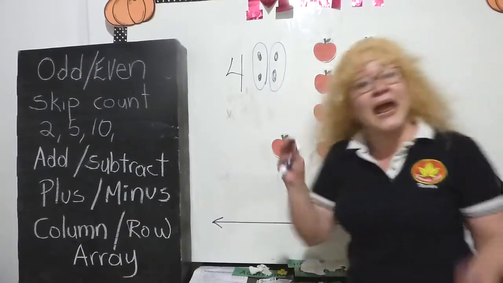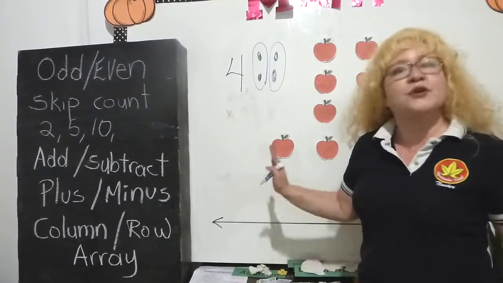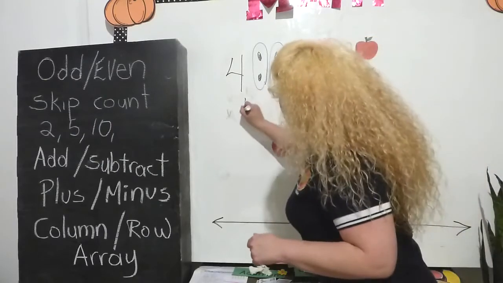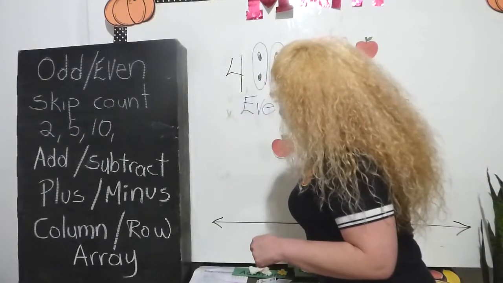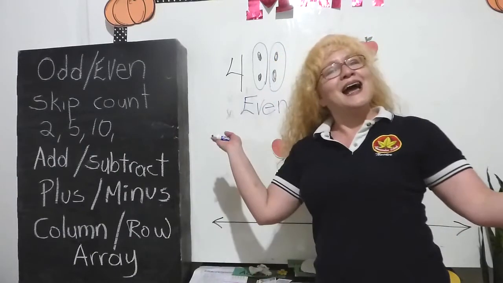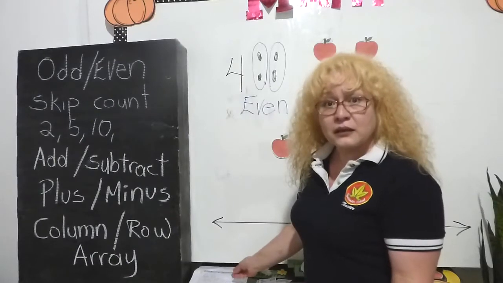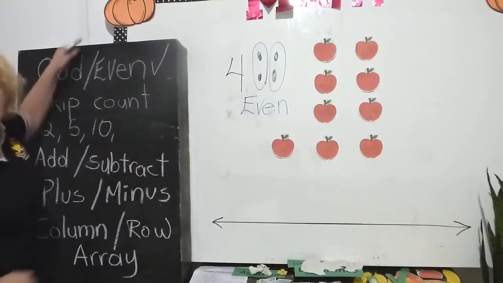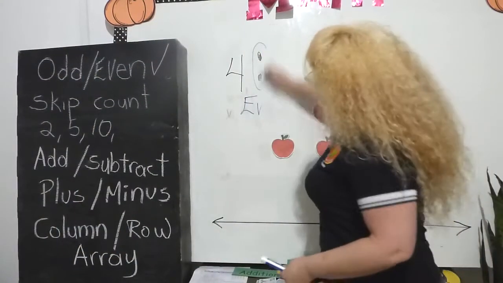No, I can make pairs with 4, right? And I will have nothing left. So that means that my number is even. Ta-da! Okay, are you clear with that? Yes. And cha-boom! Done. Let me erase this.